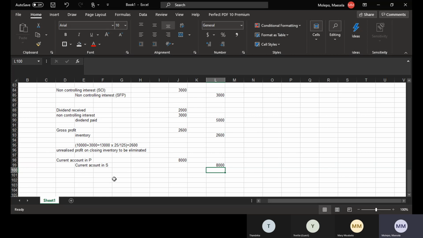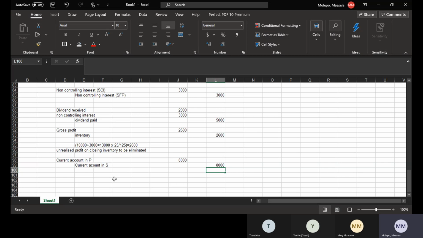When we do the consolidations, P was supposed to realize a profit of 2,600, but because the inventory is not yet sold, we're gonna minus the 2.6. But next year, when the inventory is sold, we're gonna add back 2.6 in the consolidation.